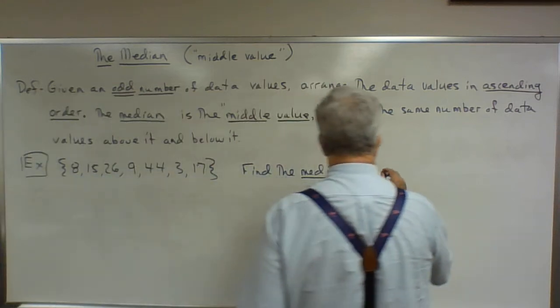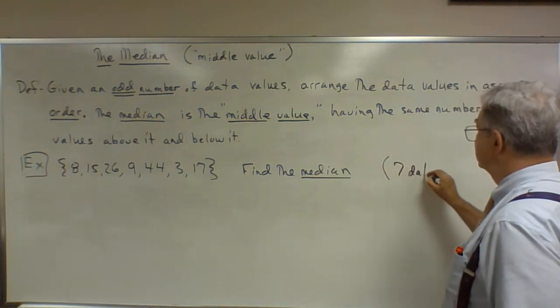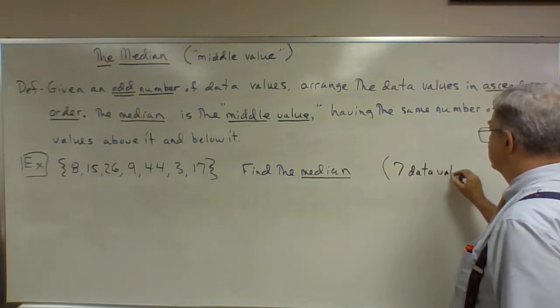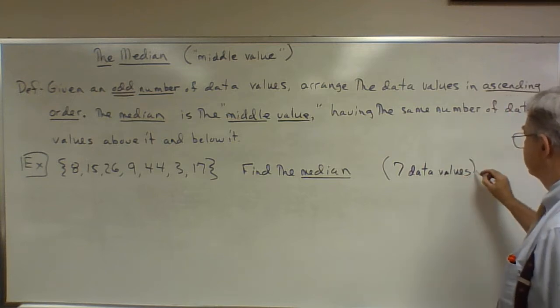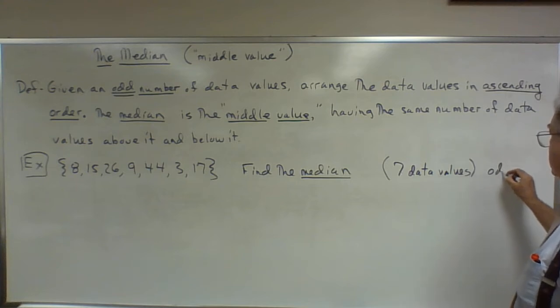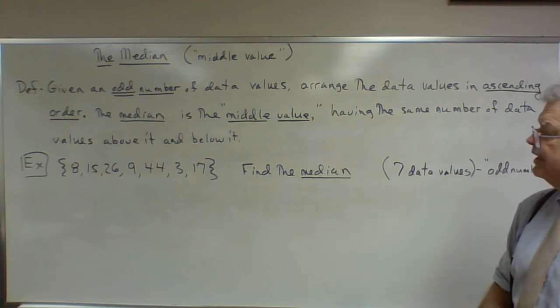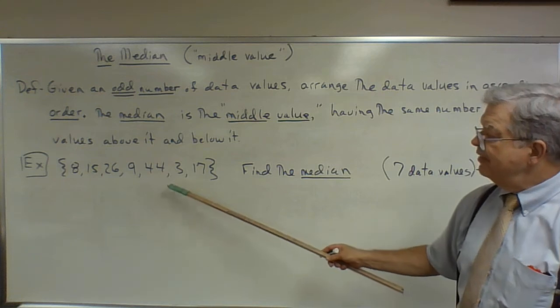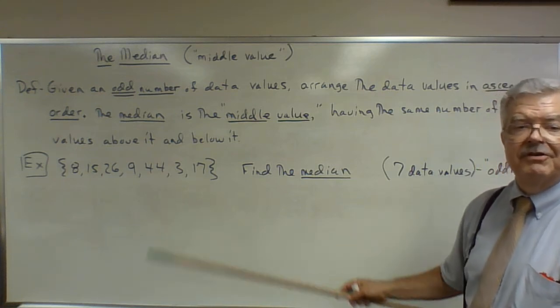Let's see, 1, 2, 3, 4, 5, 6, 7. So we'll note 7 data values, an odd number. The first thing to do is to take these data values and arrange them in order from least to greatest.